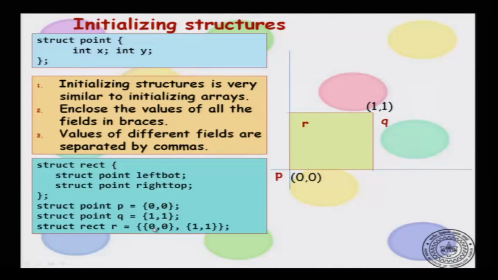That means that the left bottom subfield x will get 0 and the left bottom's y will get 0. Similarly, r's second field is the right top, it will get 1 1. So, right top dot x will be 1 and right top dot y will be 1 as well. Okay. So, this is how you would initialize a structure, and it is very similar to initializing an array. The only thing to remember is that the values must be given in the same order that they are declared in the type declaration.